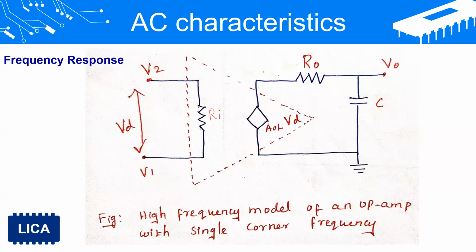And this is the open loop gain, AOL VD. This diamond-shaped symbol is the open loop gain source. This is the internal high frequency model of an op-amp with one corner frequency, because all capacitance is considered as a single capacitance element C here. Mostly for the ideal case, we have only one capacitance.